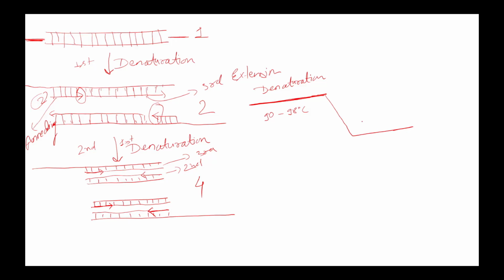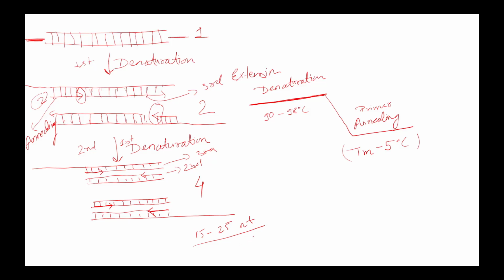This is the primer annealing. The annealing temperature will be Tm minus 5 degrees, where Tm is that of the particular primer. As I have said, primers are short fragments of DNA, short oligos, generally 15 to 25 nucleotides long. Accordingly we calculate the melting temperature.